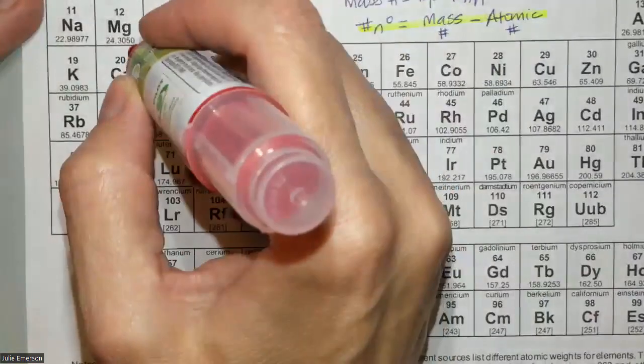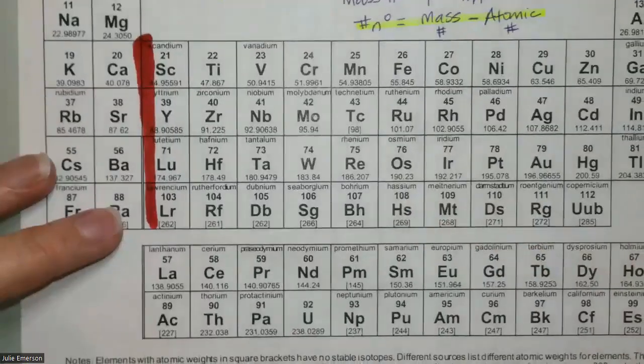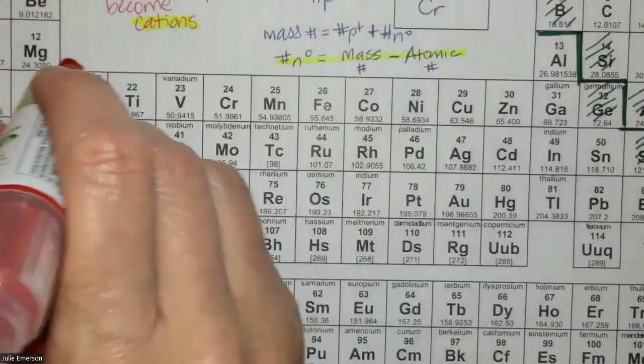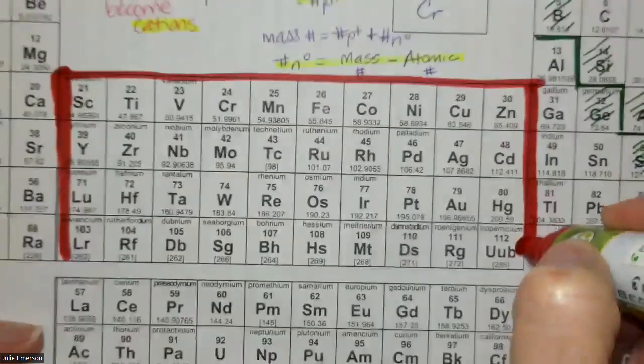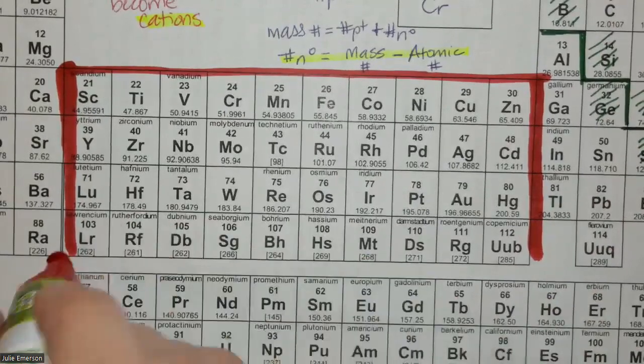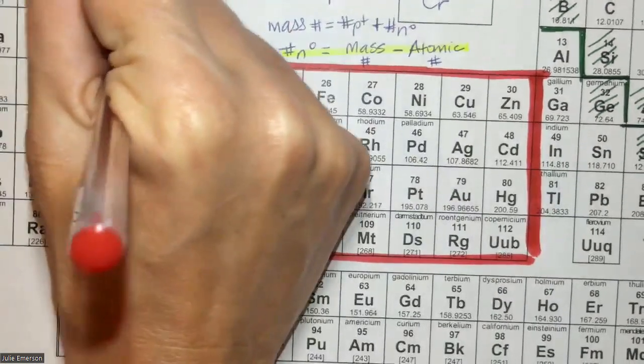I think I'm going to take my marker and highlight it. If I go down between scandium, calcium, yttrium, strontium, right down there, and we go over, and then again down right at zinc, cadmium, and mercury, right in here, those metals specifically are called your transition metals.